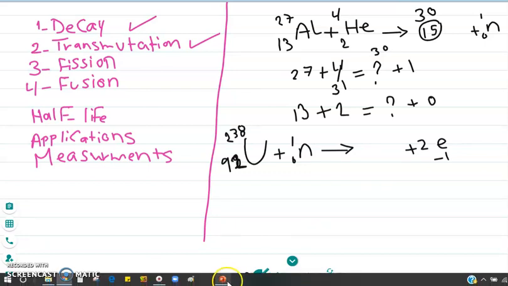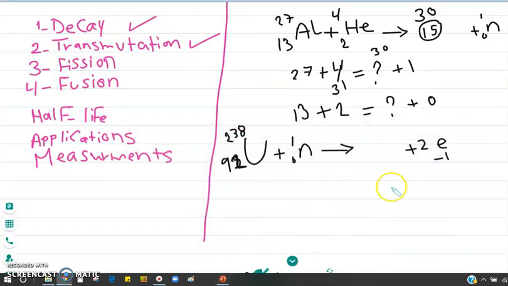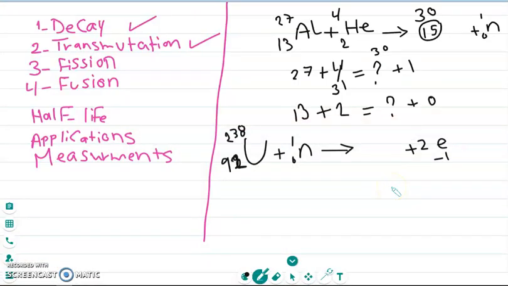Again, if we look here, we would see 238 plus 1 has to equal what? Plus 0. I forgot to write the 0 here.